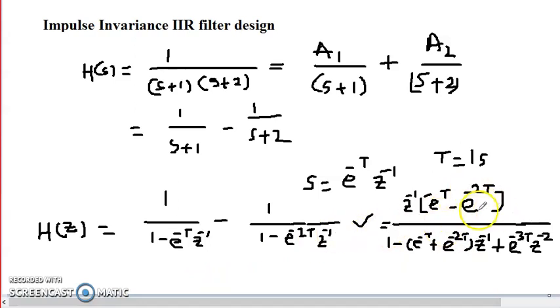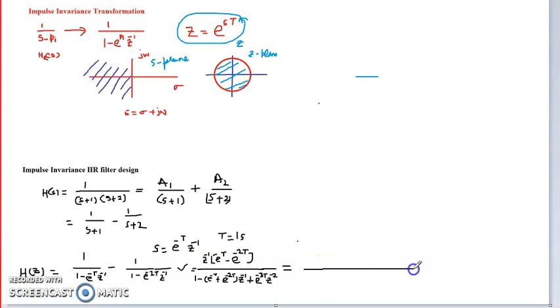This is the expression for H(z), and when we assume sampling to be 1 second, that is sampling frequency is 1 Hertz, then it will reduce to 0.2326 z raised to power minus 1 upon 1 minus 0.503 z raised to power minus 1 plus 0.0498 z raised to power minus 2.